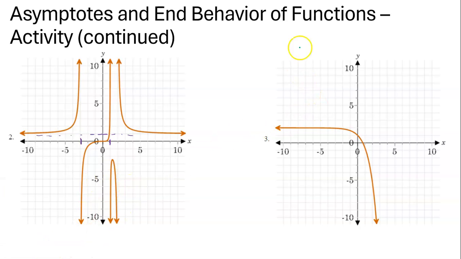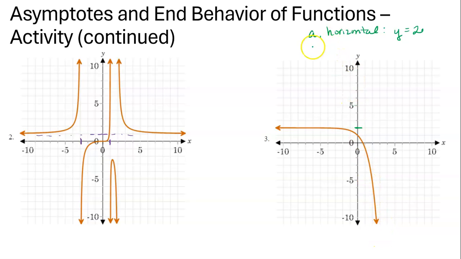Okay, and then on this side, we have a horizontal asymptote right here, y equals 2. We don't really have a vertical asymptote. It's going to cross this line.